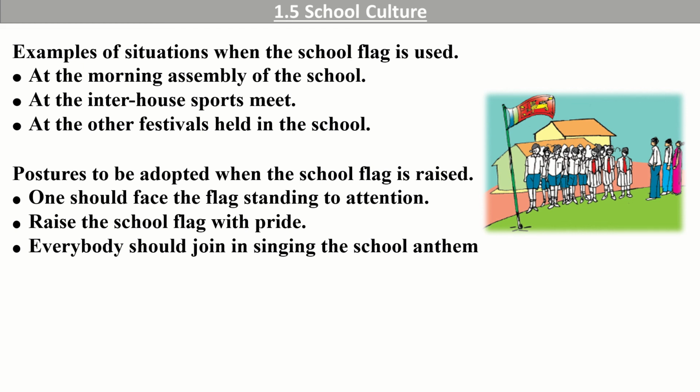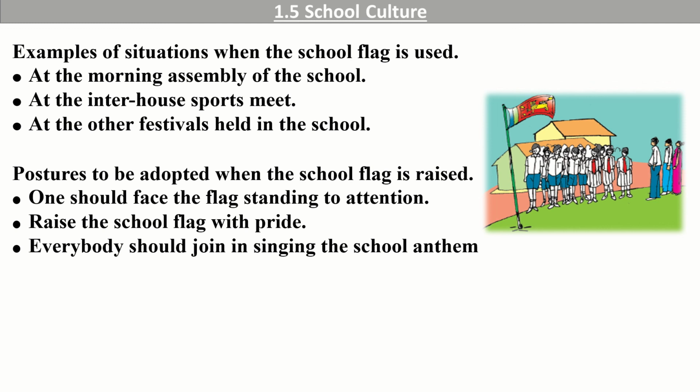When you see the school flag hoisted, you have to respect it. Everybody should join in singing the school anthem after hoisting the school flag. You have to sing the school anthem, so you have to honor it. You have to respect it. It's a school culture. One part is the school flag.